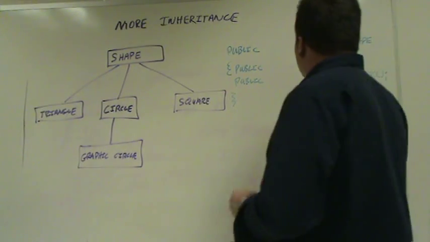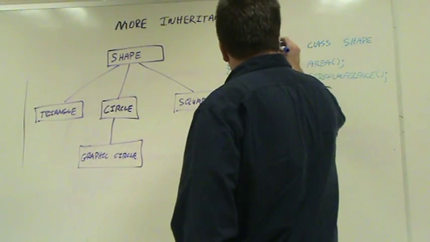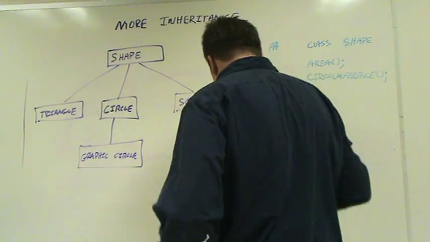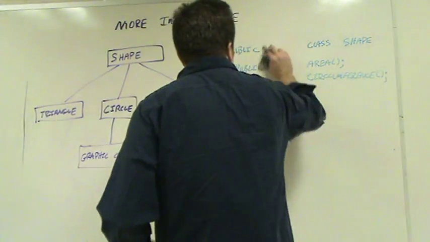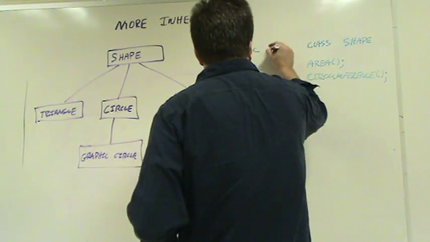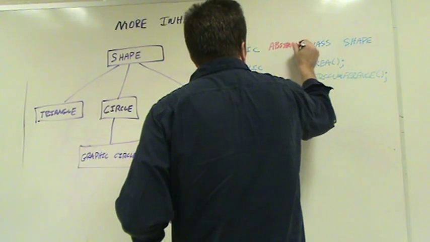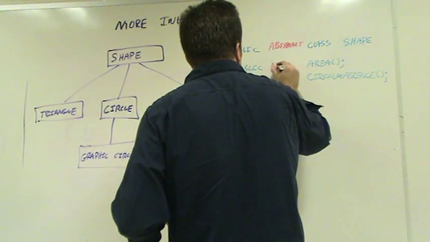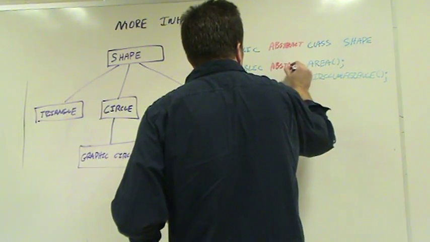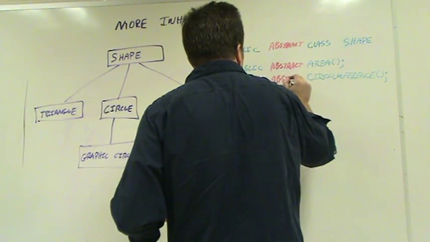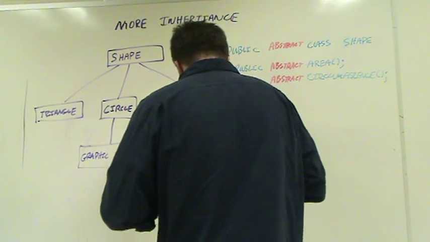So what we can do is create a concept called an abstract. And we'll use a different color to highlight the word. We can call an abstract function with abstract methods. What does this mean?